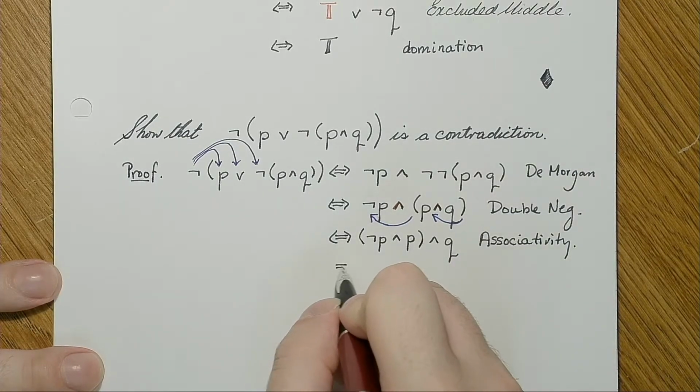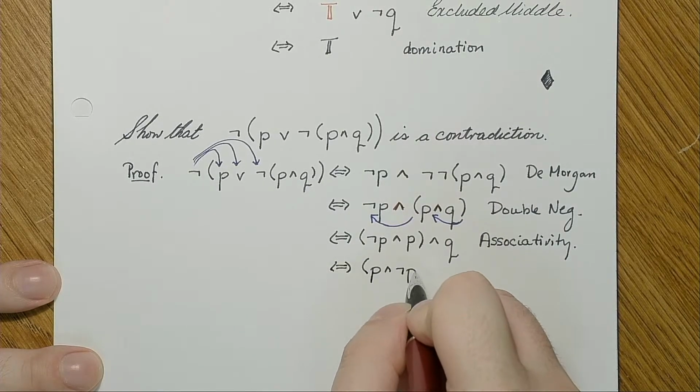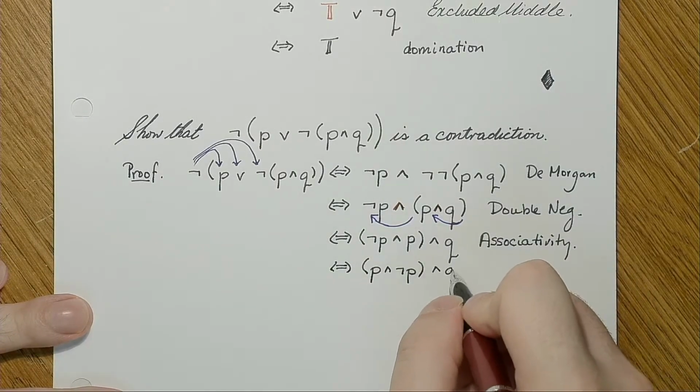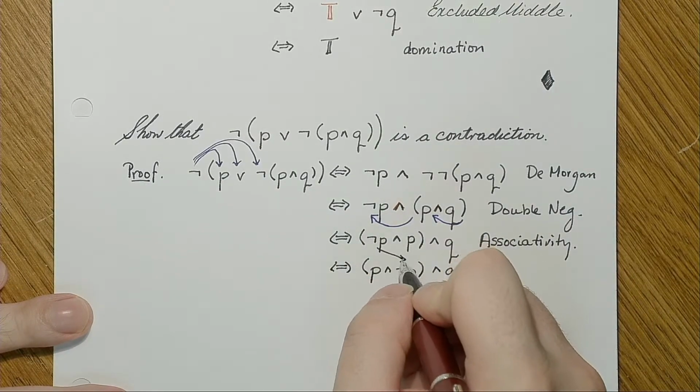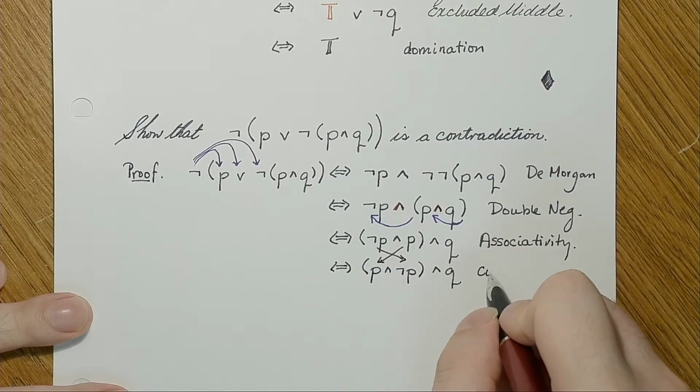If I want to be strictly accurate to what we had in our rules, I'll just write P and not P. So I can exchange the order because that's the commutativity rule.